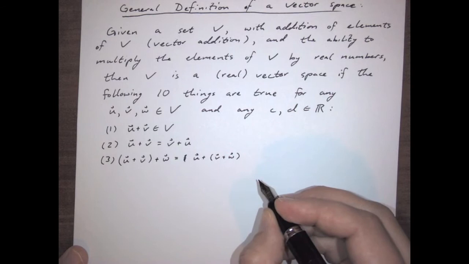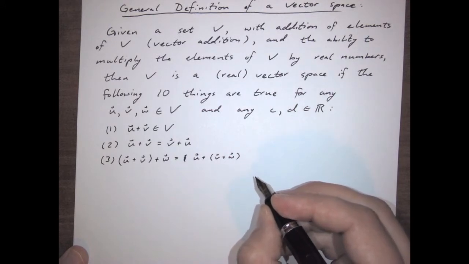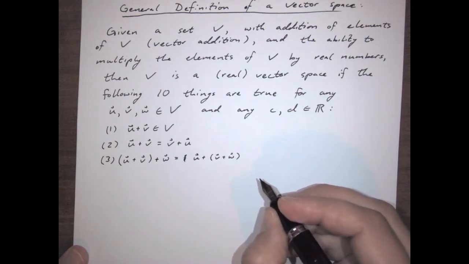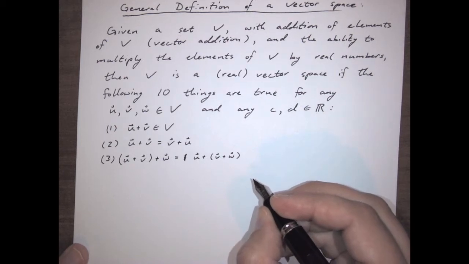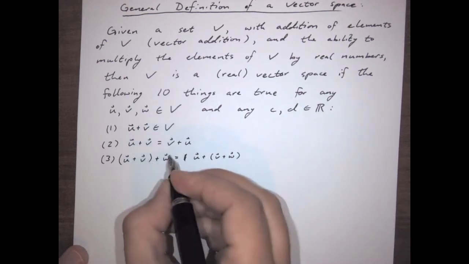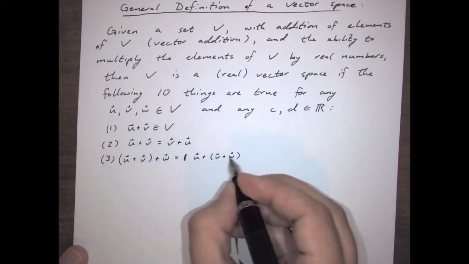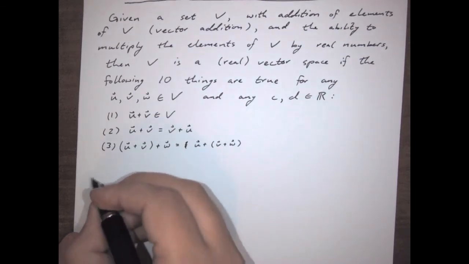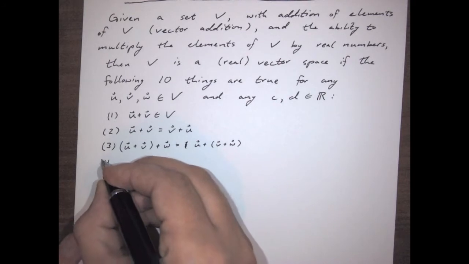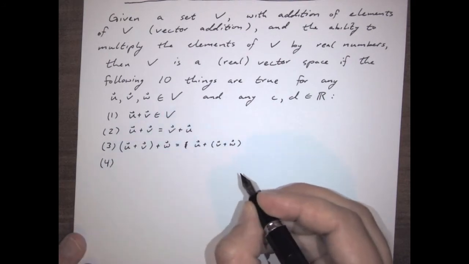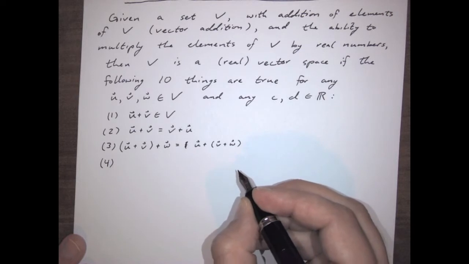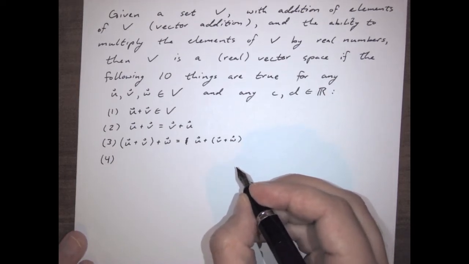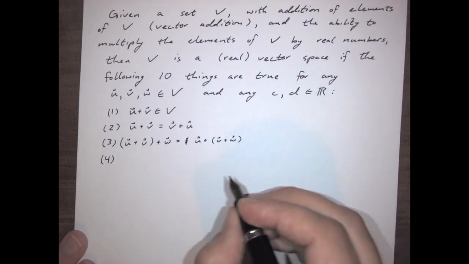So I have my option when I have these three vectors that I'm adding together. I have my option whether I want to add these two first and add this to the result, or I want to add these two first and add this to the result. It's up to me. Also, is this true for polynomials? Yes, it is. If I add together three polynomials, it doesn't matter which two I put together first. It's all going to come out the same.